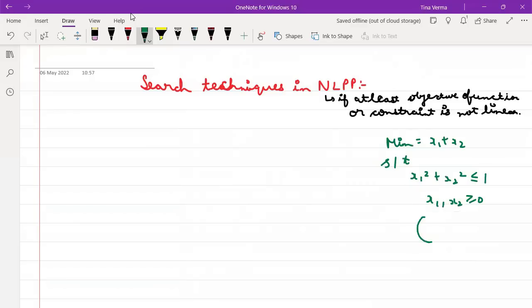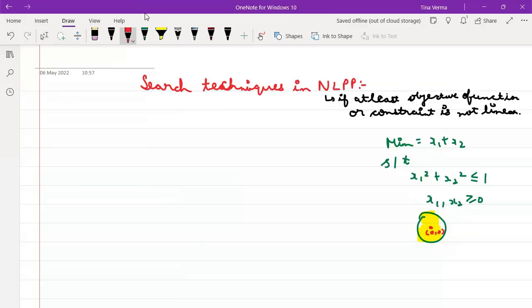So this is your circle, right? Constraint, the feasible region is circle, right? And in this, the minimum point is 0, 0. That is the optimal solution, 0, 0 is lying inside the feasible region.